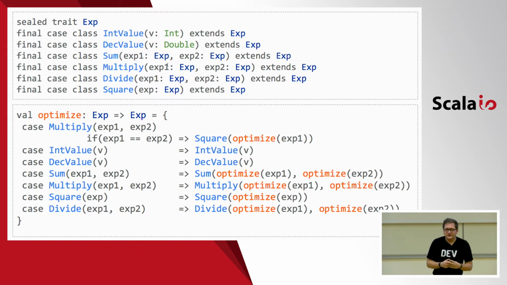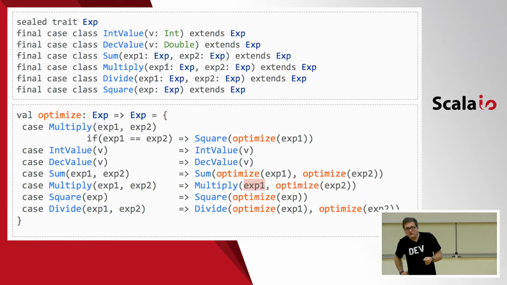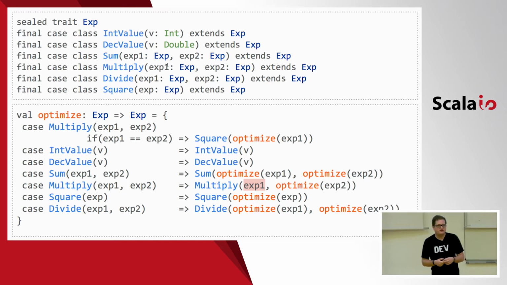But that's not really the issue here yet. Think about this little error that I made here. In the multiply case, instead of calling optimize for expression 1, I forgot about it. Will the compiler complain? Not really. The compiler will be completely happy about the way I implemented this function. It'll be like, you're good, go for it.